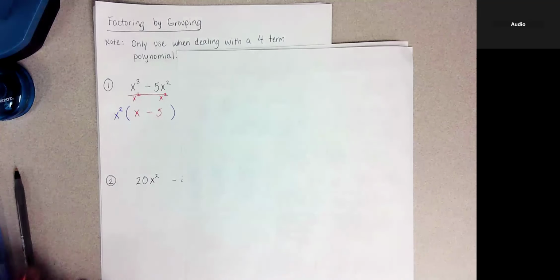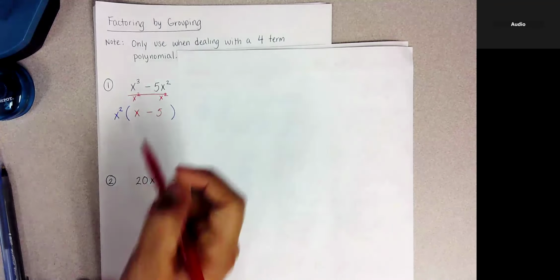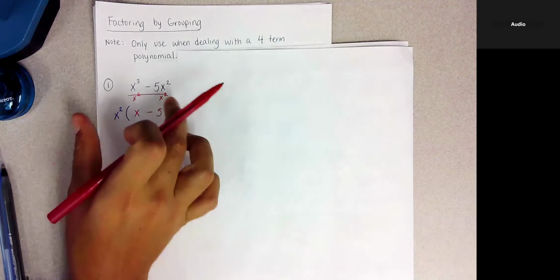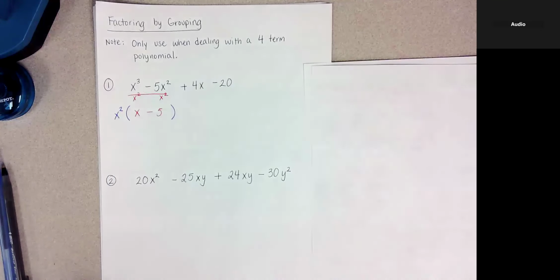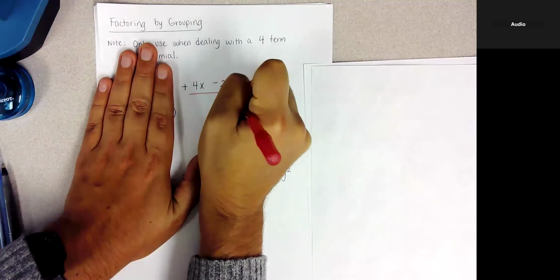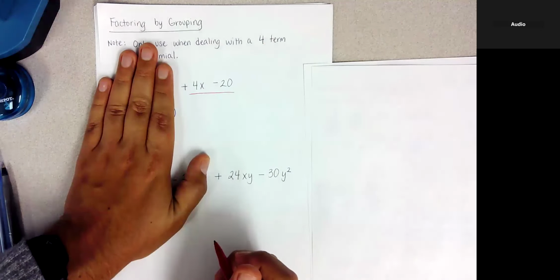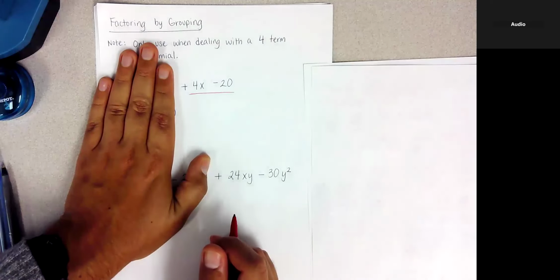Okay, so maybe take a moment to let that sink in. And this is called factoring by grouping because we're grouping the first 2 terms together, factoring out their GCF. And then we're going to sort of ignore the first 2 terms and look at the last 2 terms and identify their GCF.